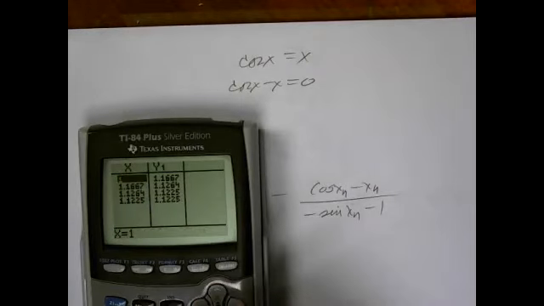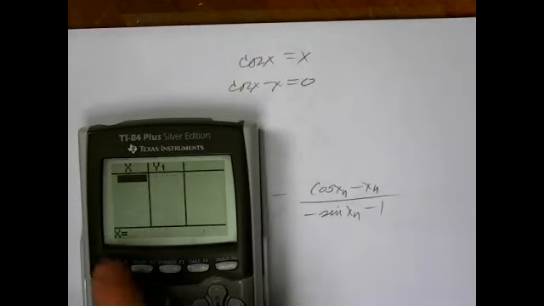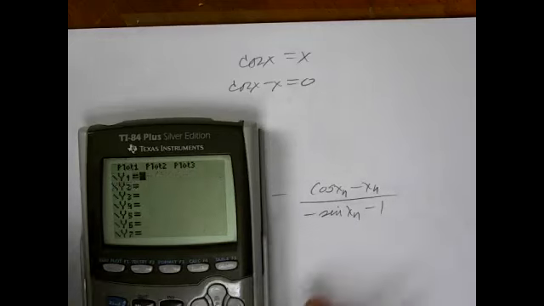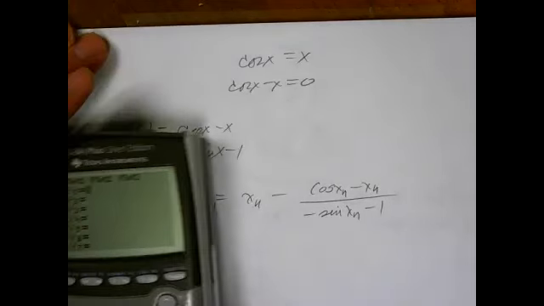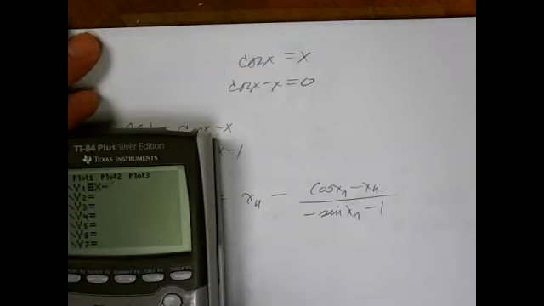And so, onto the calculator, clearing out everything that was there. I'm going to put in an x minus, and then in parentheses, cosine of x minus an x, close parentheses, divided by the denominator, which is a negative sine of x minus a 1.